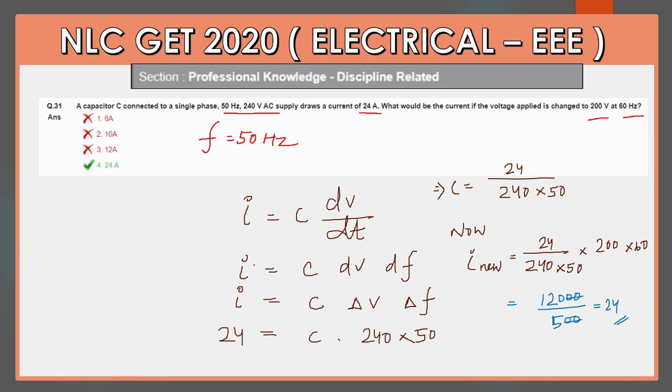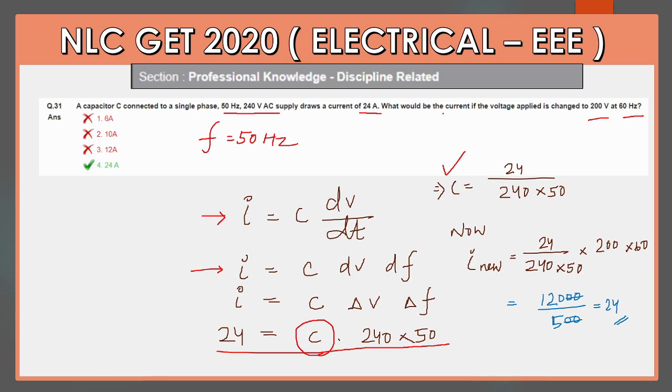So what would be the current? We know that capacitor current I equals C dV by dt. If you take 1 by t as frequency, you can write I equal to C delta V into delta f. So if you put the value here for the first part, 24 equal to C into 240 volt into 50 Hz. Now you can take C, which is equal to 24 divided by 240 into 50.